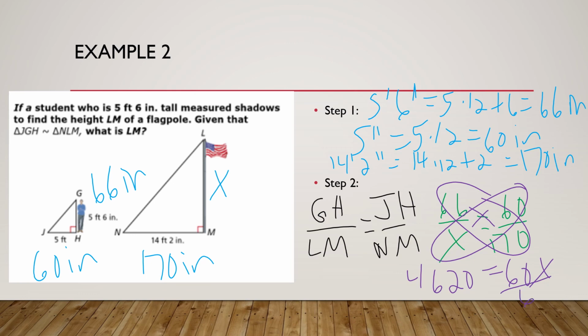So to solve for x, we do our inverse, so divide both sides by 60. And we're going to get that x is equal to 187, and now that is in inches. So the height of my flagpole would be 187 inches.